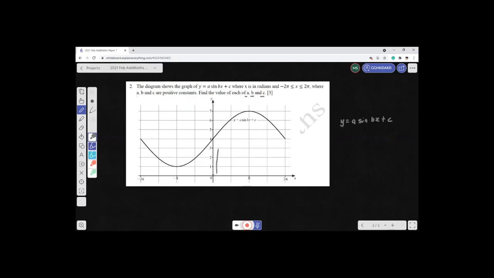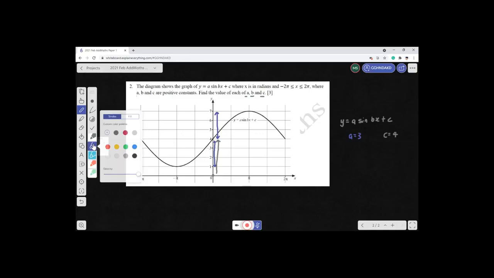But now it has moved 4 units up, meaning to say the c is equal to 4. So in this case, what is the amplitude? Amplitude means the height, the difference between the minimum and the center, or the maximum to the center. So automatically, I get a equal to 3.